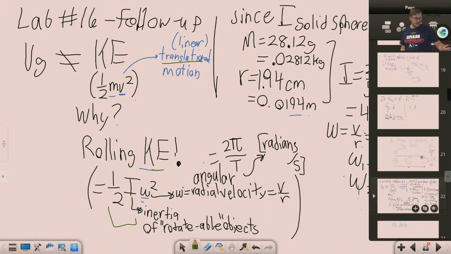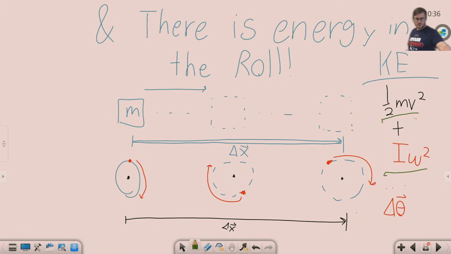When an object is undergoing rolling motion, two things are happening. The center of its mass, and I use a black dot to represent this. Notice the black dot is traversing in translational delta x. But if you were to put a dot on the surface of the rolling object, the red dot represents this. The red dot is representing a motional change of theta.